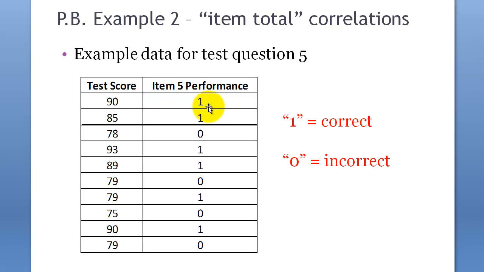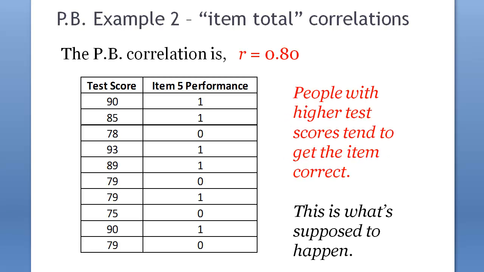For this question 5, this person got it right, got it wrong, got it right, wrong, right, wrong. Then we ran the correlation on that. Then you get r equals 0.80.